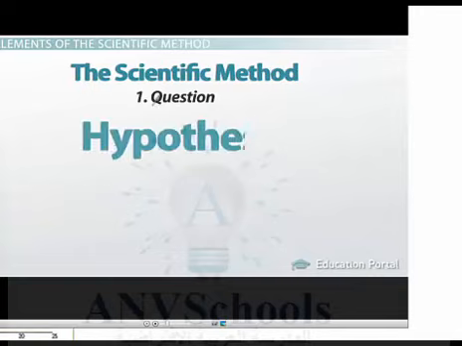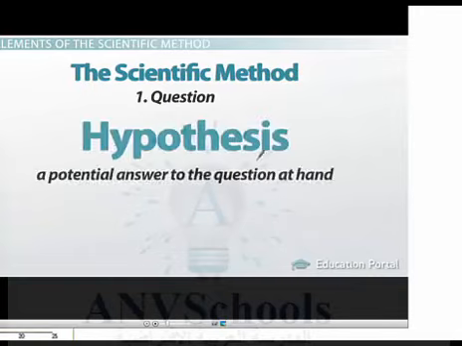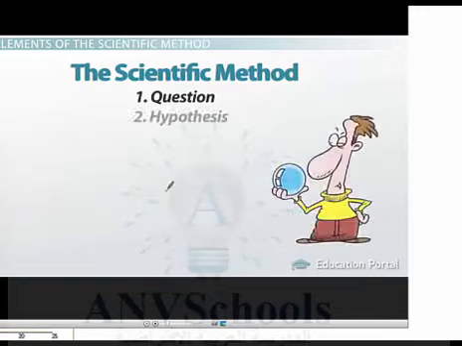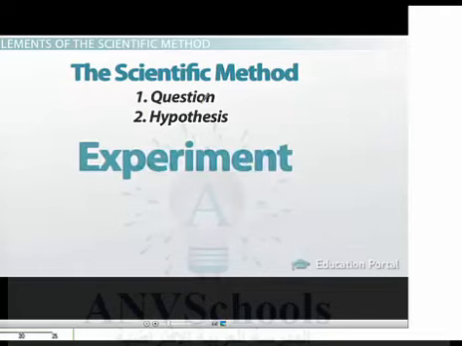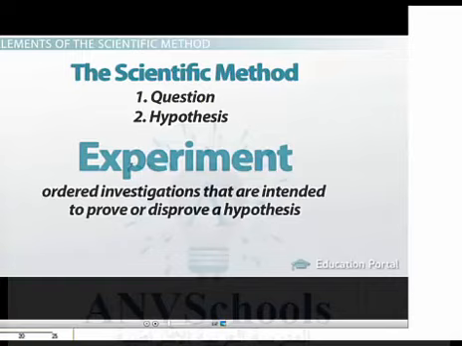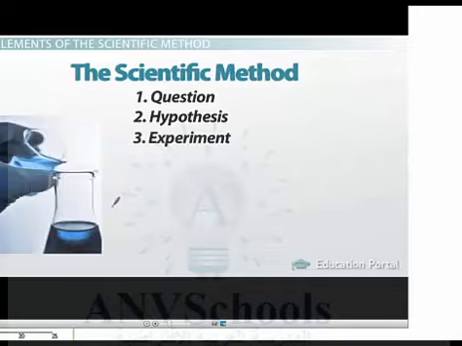That is questioning. 2, you make a hypothesis, a potential answer to the question that you had. After making a hypothesis, you carry out an experiment to find out if it's true, or other investigations that are intended to prove it true or false. So you carry out an experiment here.